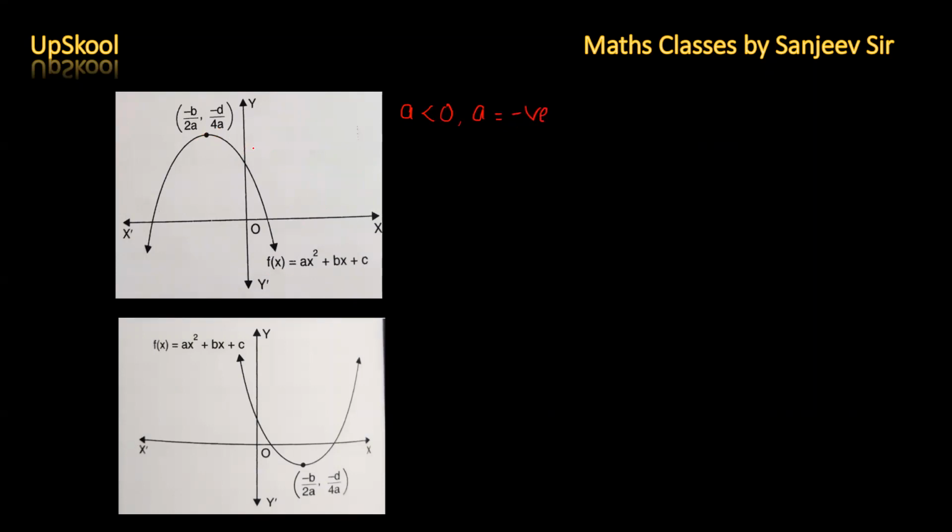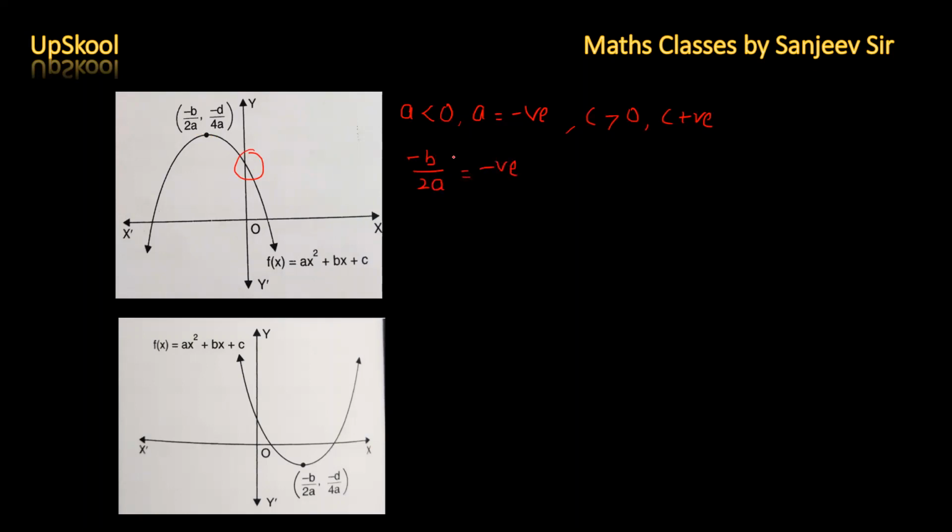It is cutting positive direction of y-axis, c greater than 0, c positive. Vertex lies in second quadrant, therefore minus b/2a is negative.